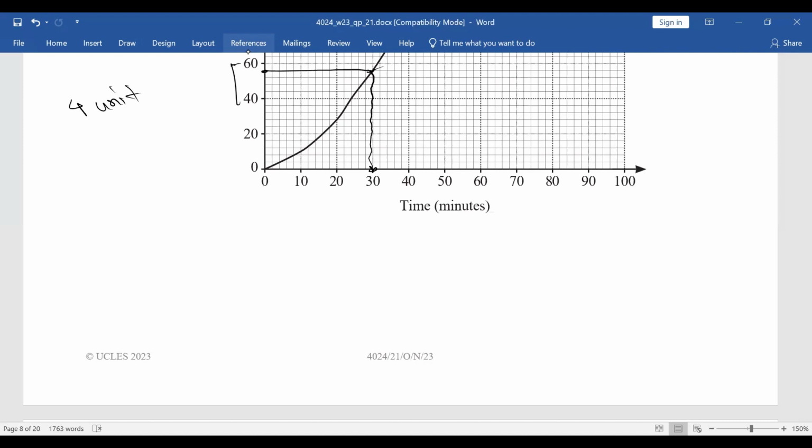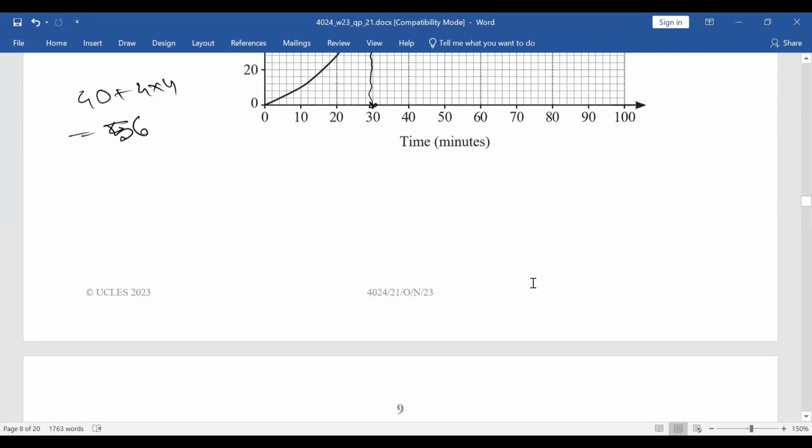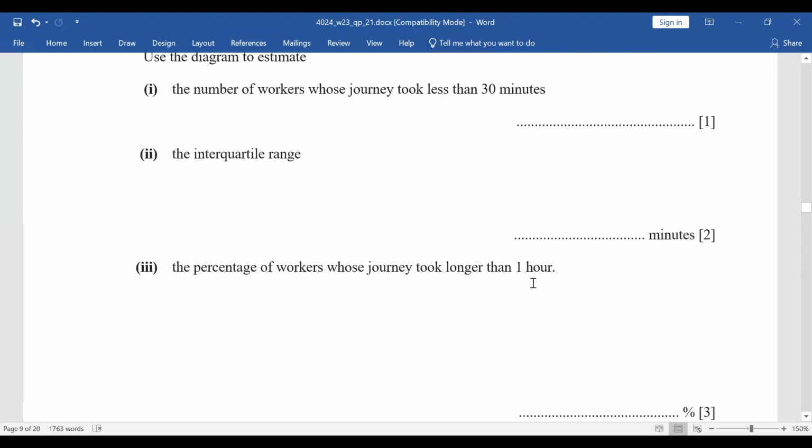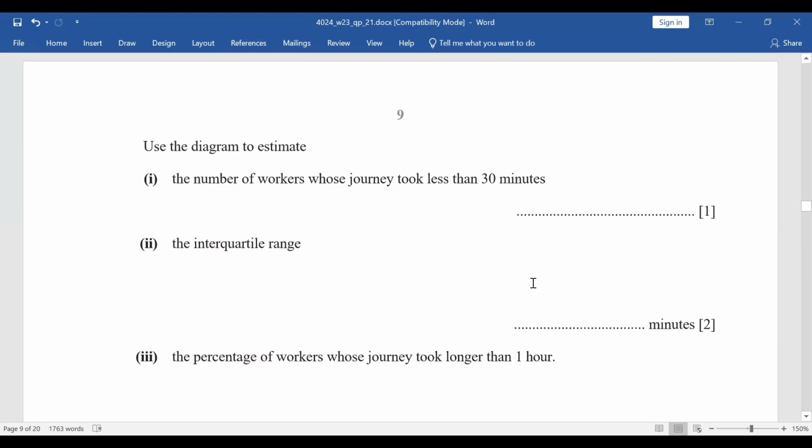That means 4 fours are 16, 40 plus 16 is 56. So there are 56 workers whose journey took less than 30 minutes.